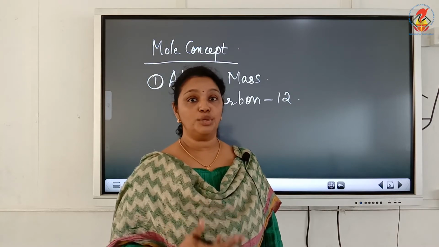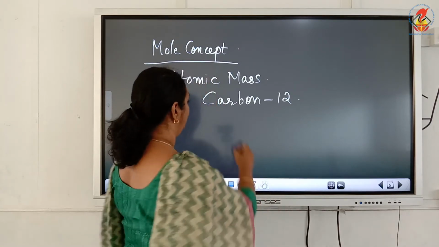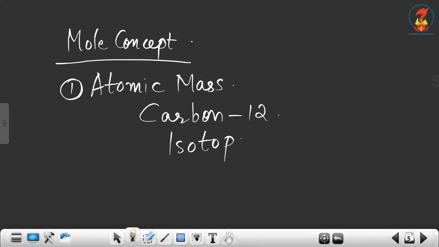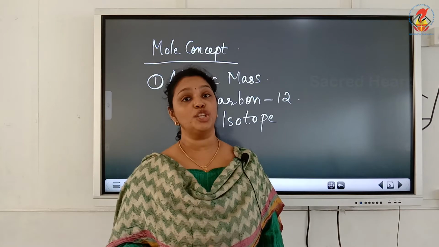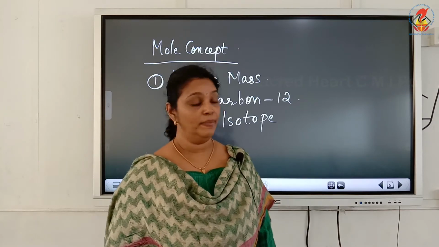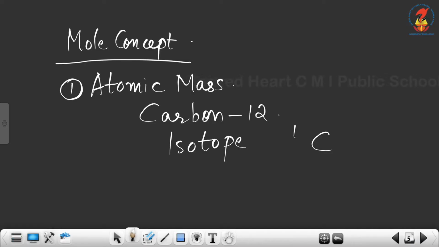Now, carbon-12 is the isotope of the carbon atom. Isotope means atoms with the same atomic number but different mass number. And the carbon-12 isotope is represented like this: C, and we have 12 on the left-hand side as a superscript.